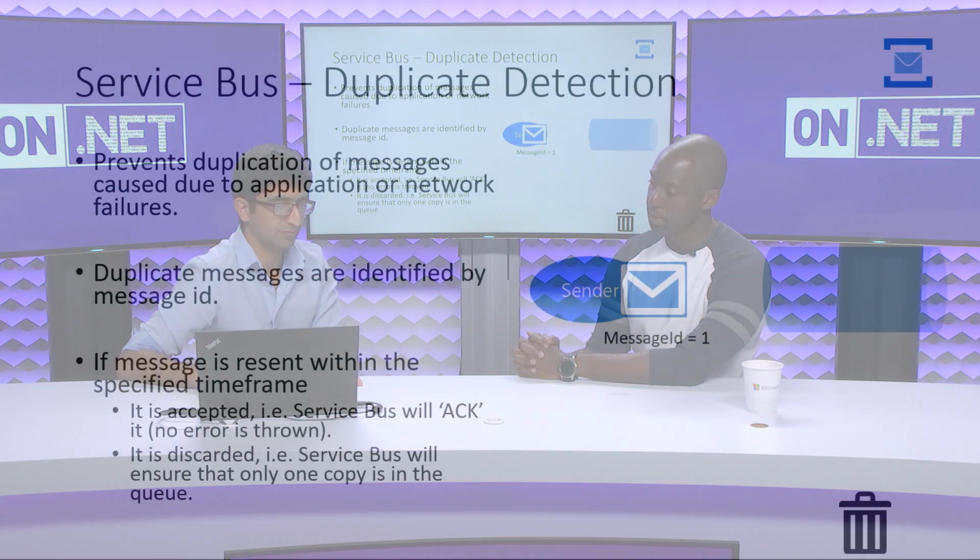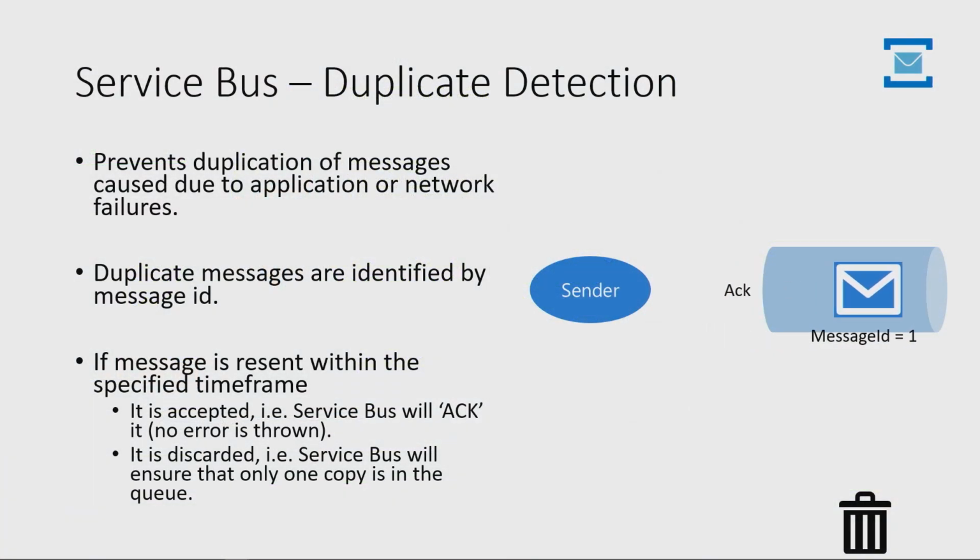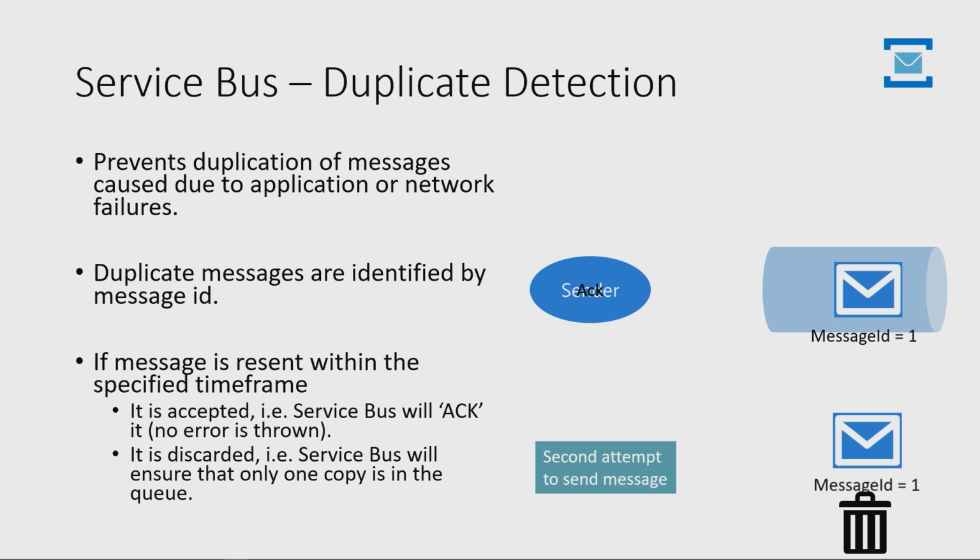Like I mentioned, you send the message with message ID 1, we send the ACK back. Let's say the sender crashed at this point, gets back up, sends the second time. We'll send the ACK back again, but the copy will go straight to the trash, so to speak. So we only have one copy within the duplicate detection window.